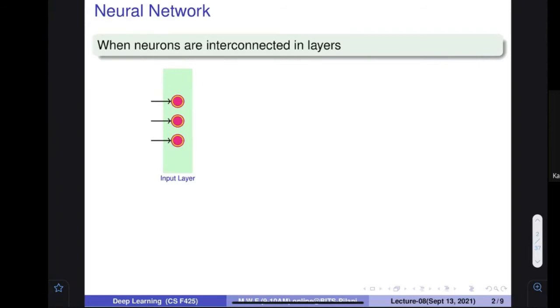So let us start by assuming that we have some processing units. In this particular example, I have three such processing units, and I am going to call it the input layer. What do I mean by this? I am directly connecting something and taking the output.